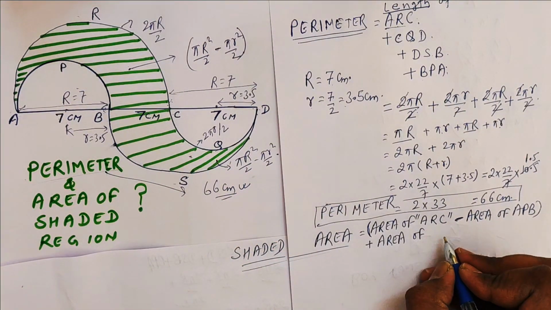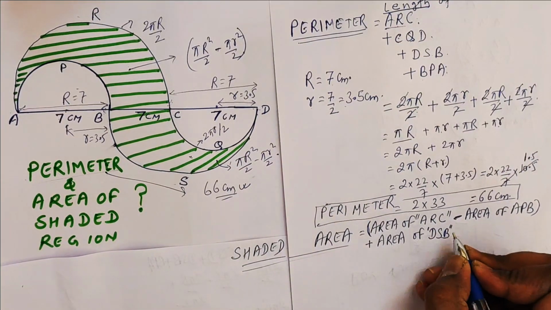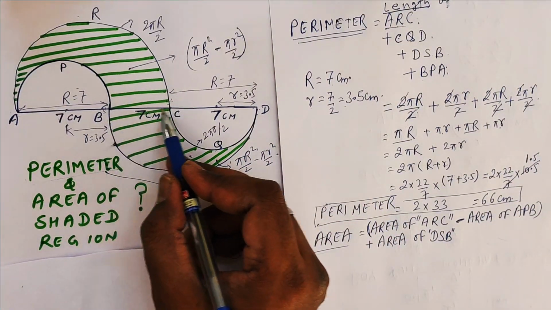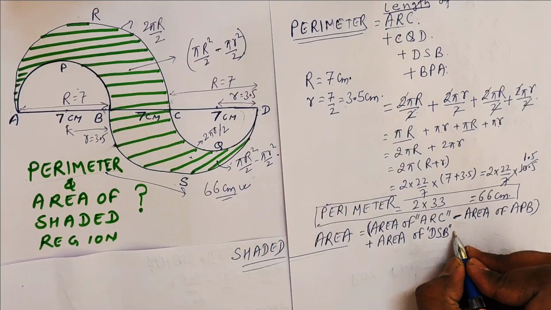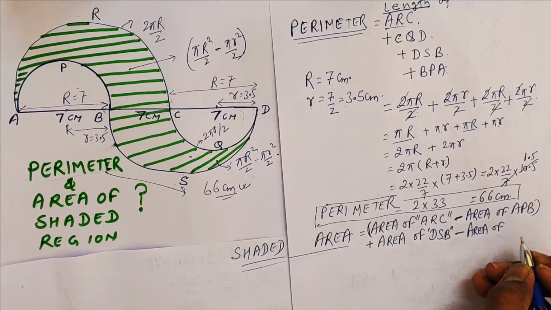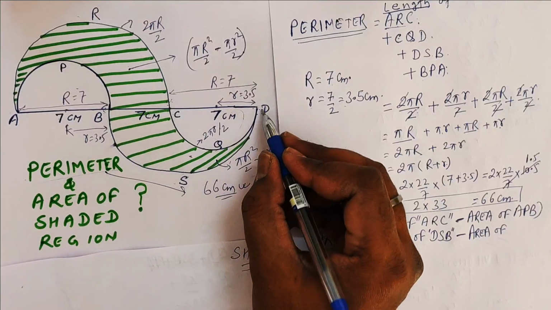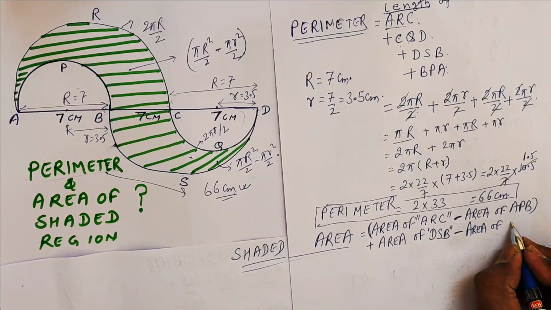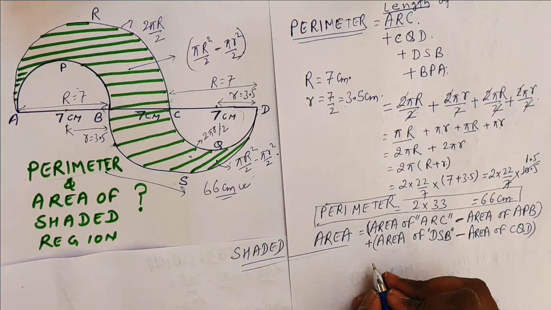Similarly, the same thing is repeating two times, okay? The second time, you can see the bigger semicircle DSB. From this, the smaller semicircle, the white one, will be deducted. So the area of the bigger semicircle DSB minus this one, that means the area of CQD, right?